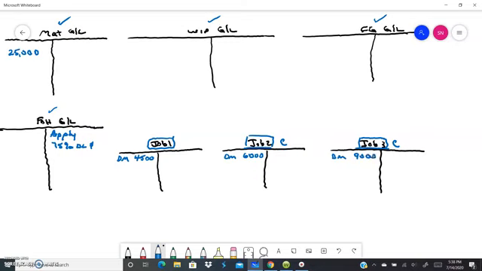The total of those 3 would go into our general ledger account, and that would be $19,500.